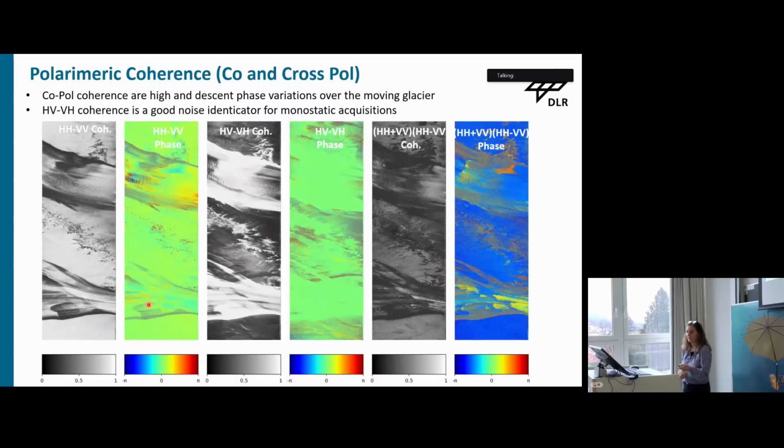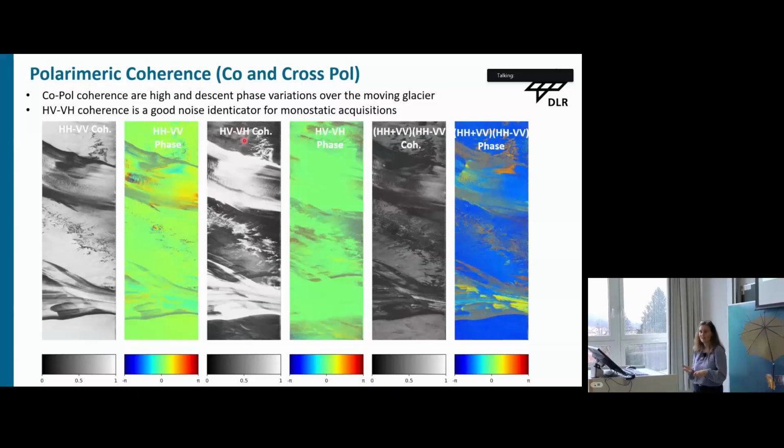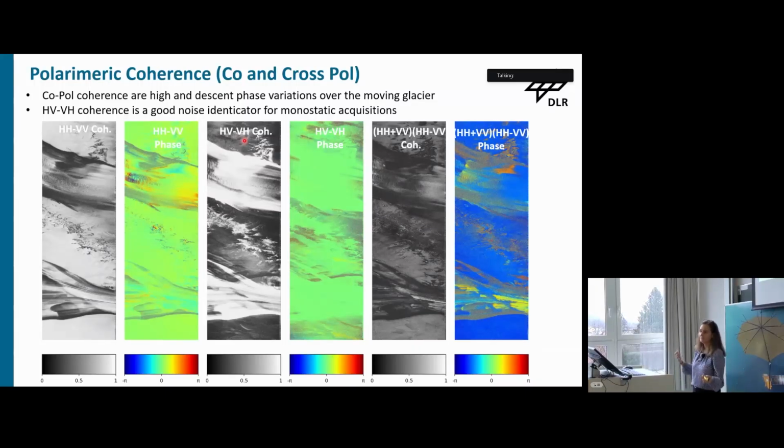Okay, and then you can also build differences between the cross poles. So if you use cross pole against cross pole, do you remember? I was not doing this in my example, but you could also do this. I was doing HH with HV, or VV with VH, but you could also do two cross poles.